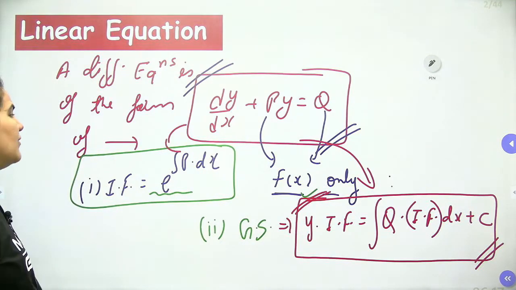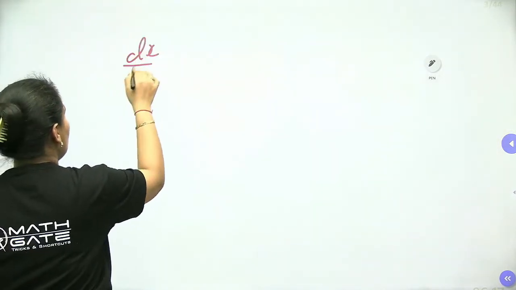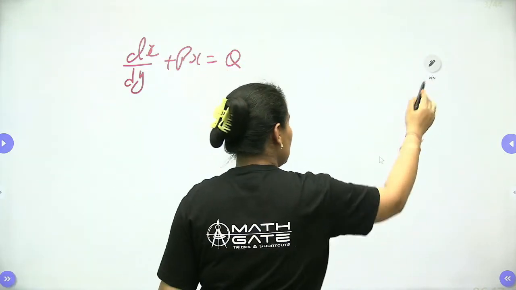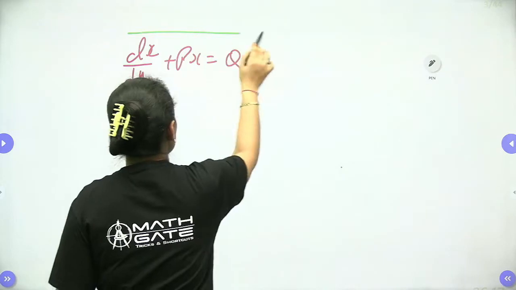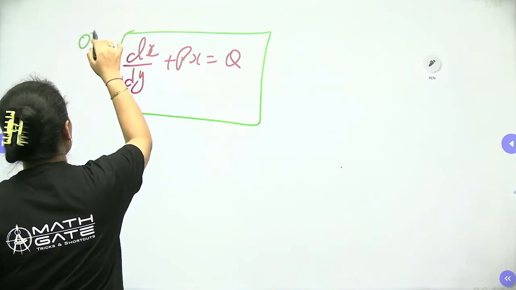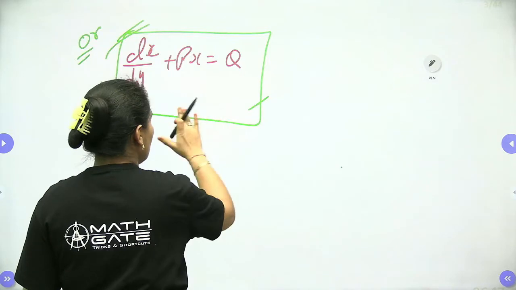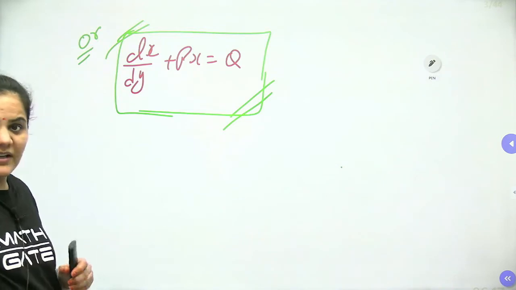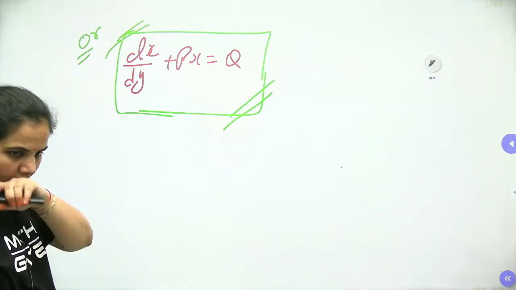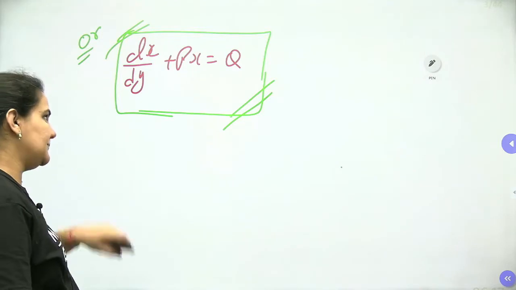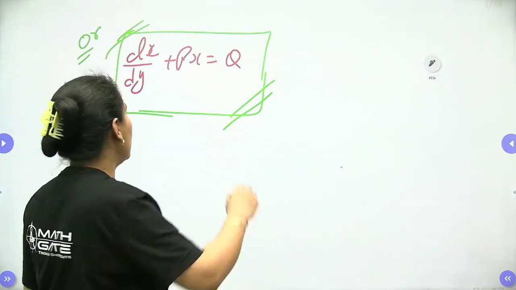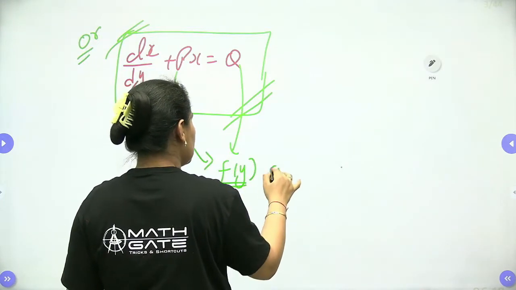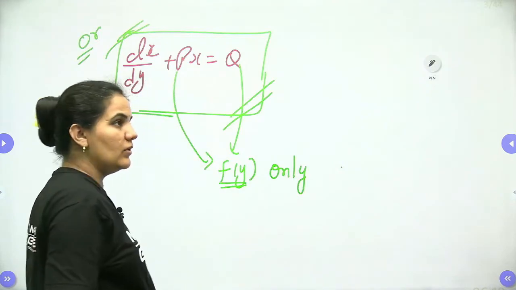Suppose, dear students, we have a differential equation in the form of dx by dy plus px is equal to q, then this is also called linear. But how is it linear? Let me show you. The second form is dx by dy plus px is equal to q, where p and q are functions of y only.